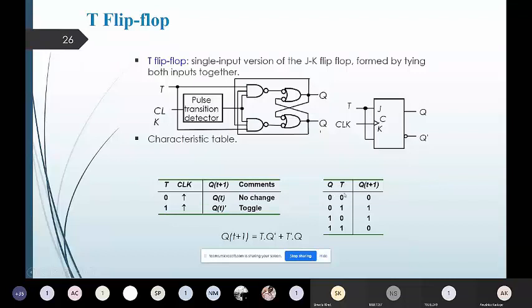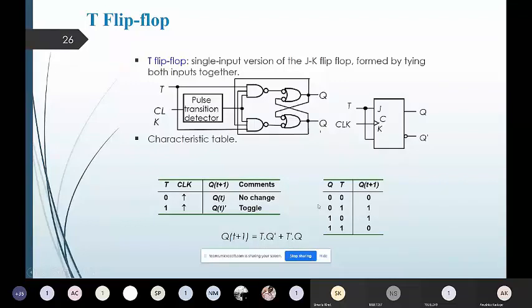So we present Q and T in the input side columns and Q(t+1) in the output side column. Q, the present state, will be either 0 or 1. With the present state either 0 or 1, T may be 0 or 1. That's how we obtain a total of 4 possible input combinations.